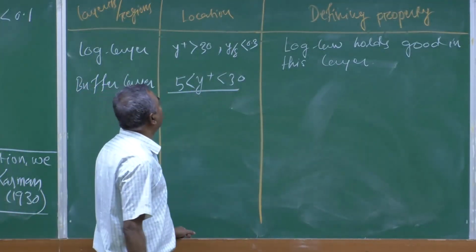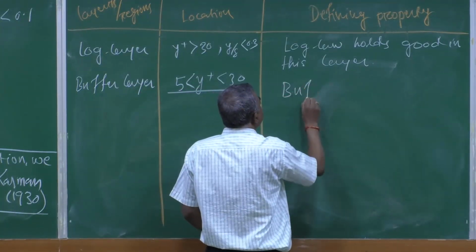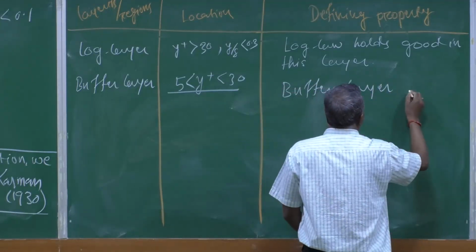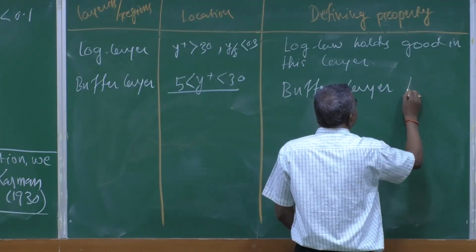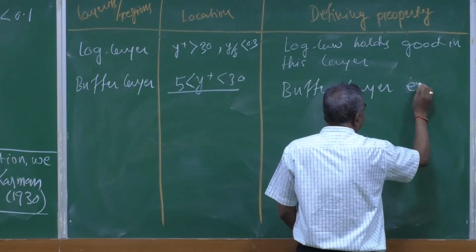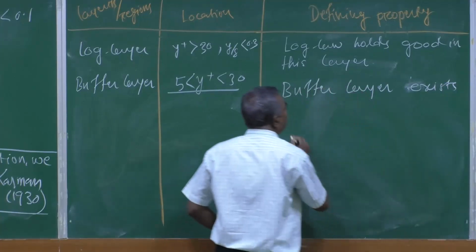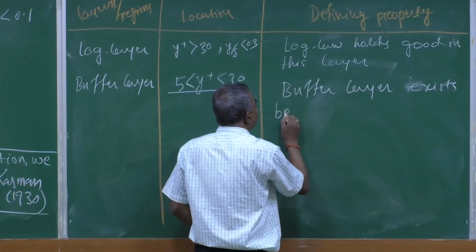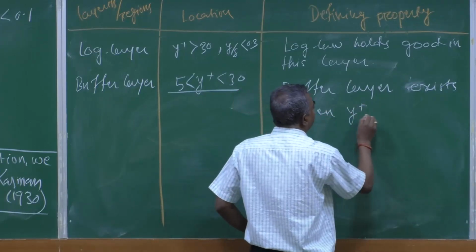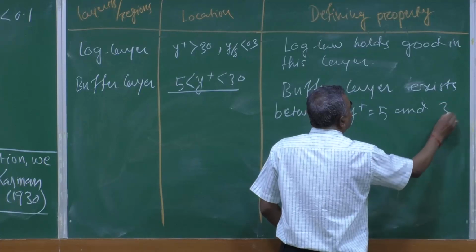The buffer layer exists between y plus 5 and 30.